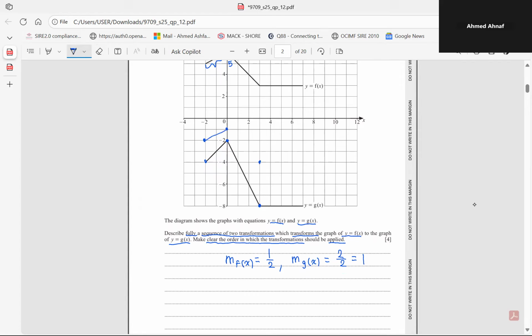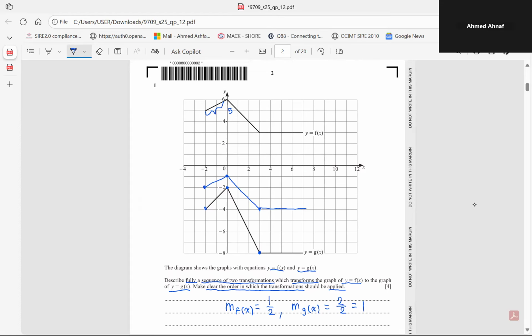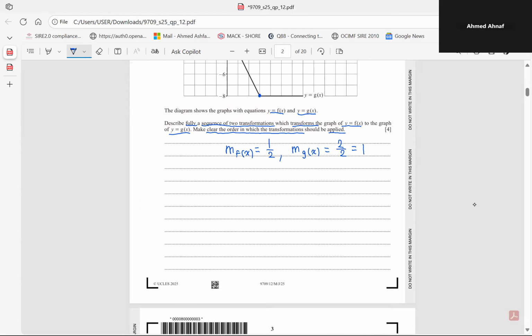So hence, this would be our graph of y equals g(x) before it is stretched vertically. So we can clearly see that it has been shifted by 1, 2, 3, 4, 5, 6, 7 units vertically downwards.